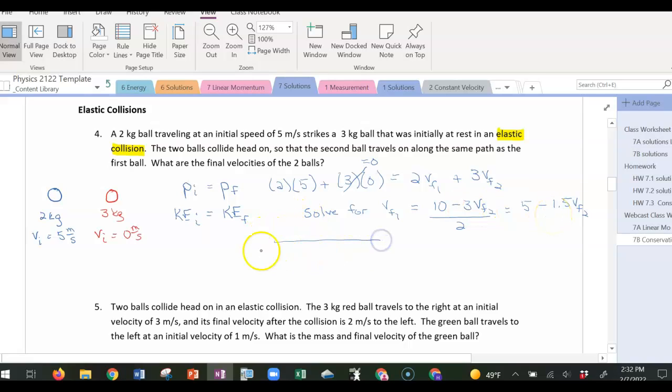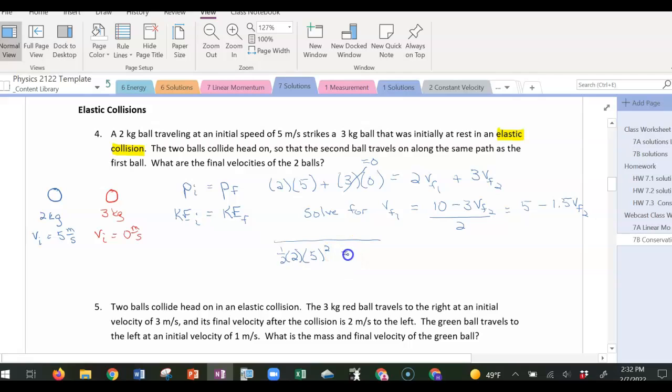So now I'm going to start working with the kinetic energies. So the initial kinetic energy equals the final kinetic energy. So 1/2 the mass times the initial velocity squared of the first ball. And then there is no kinetic energy of the second ball at the beginning, right, because its velocity was 0.